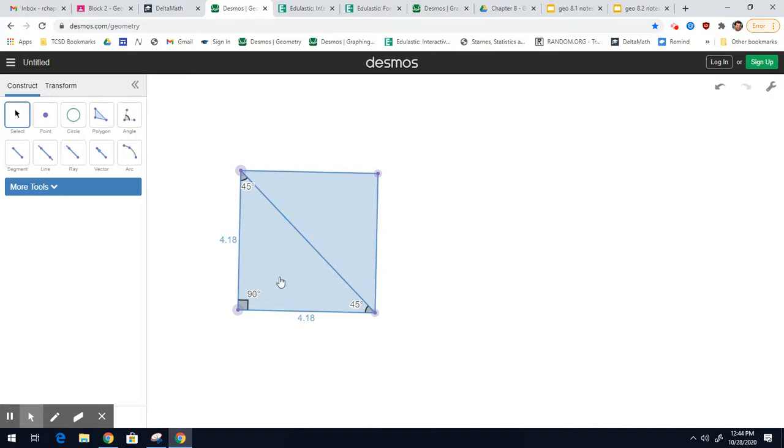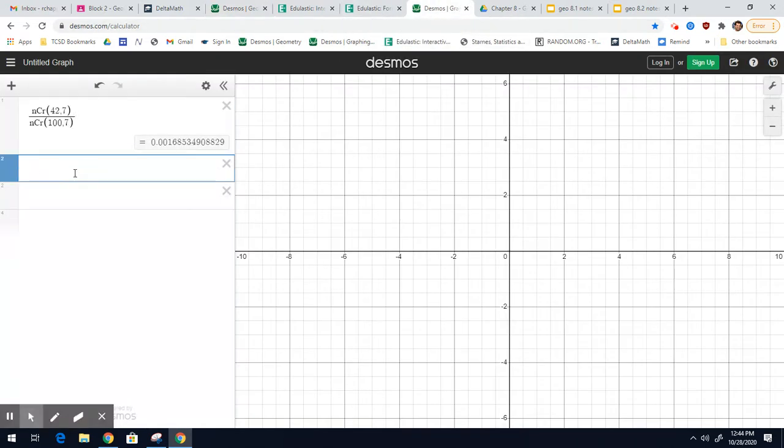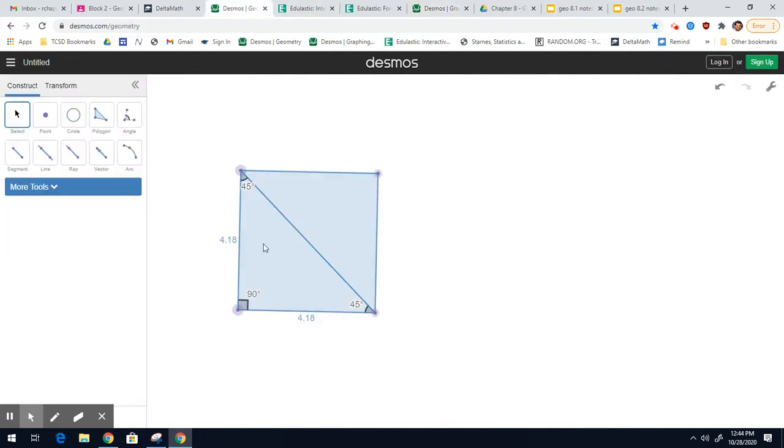If we take a leg and multiply it by the square root of 2, we are going to get the length of this diagonal. So watch this in our calculator. In the Desmos graphing calculator, 4.18 times the square root of 2. That's 5.91. Watch what happens when I measure this diagonal.